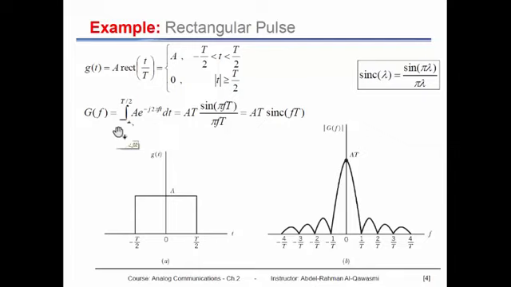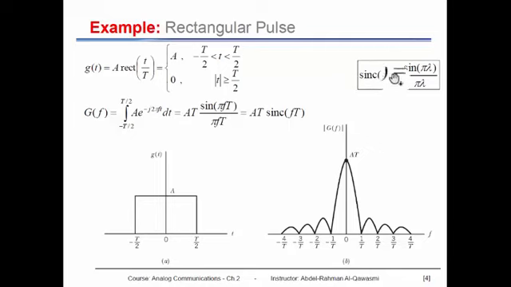We have that the period now is from minus T over 2 to T over 2, as here for the rectangular pulse. We have the constant A all the time within this period, multiplied by exponential minus j 2 pi f t, which is a part of the Fourier transform equation. In this case, we perform the integration and we have the result sine pi f T over pi f T, which we call sinc.